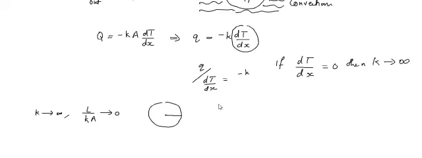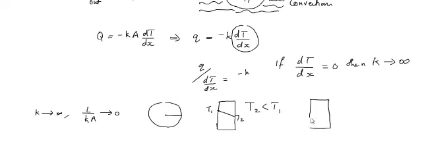Usually if we have a block like a slab, the temperature gradient is given like that, where the temperature at this position is T1 and at this position is T2, with T2 less than T1. But here we consider T1 equal to T2, so you will have a straight line.